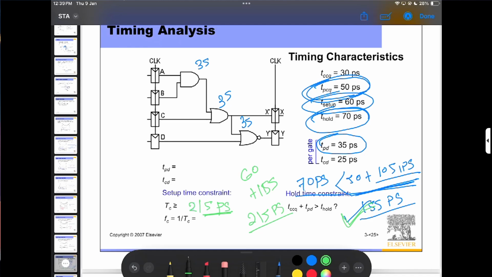And TCD, contamination delay, and propagation delay? Here the propagation delay is 105. And the contamination delay, that is the best case delay, so that is the 75 picosecond.